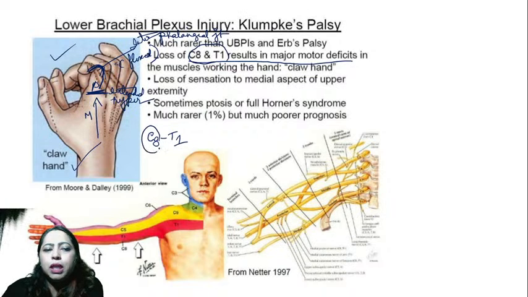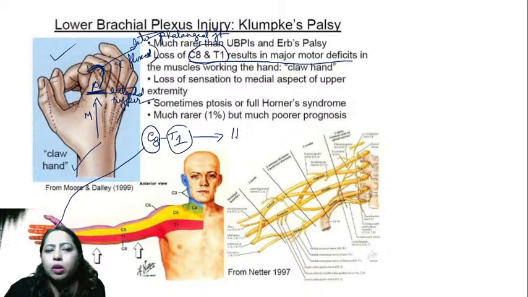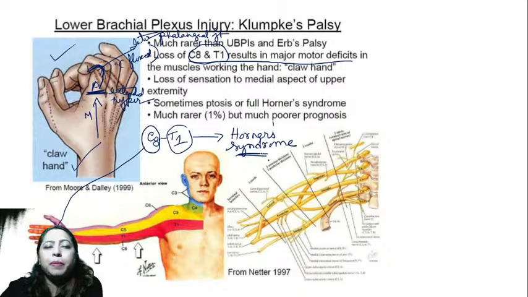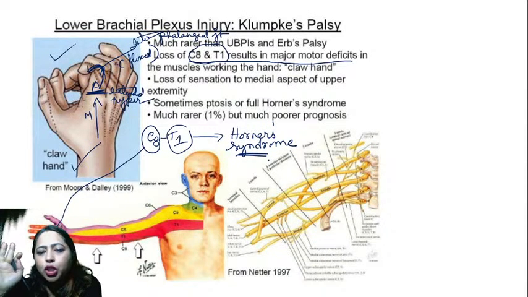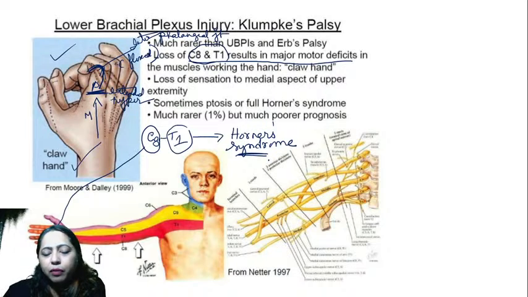Mainly because of C8, you have the claw hand, and because of T1, you have Horner's syndrome. That is why Klumpke's palsy is associated with Horner's syndrome and not Erb's palsy. This is one important question that you must remember. I hope I have clarified this.